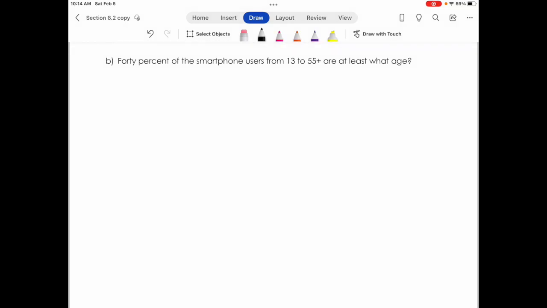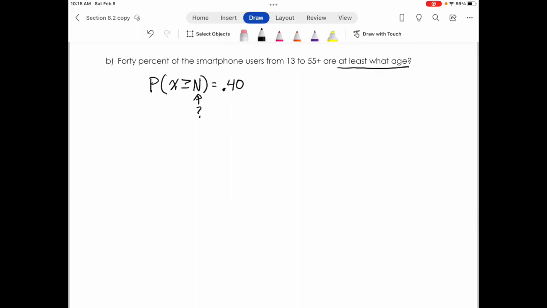In part B, it says 40% of the smartphone users from 13 to 55 are at least what age? So at least what age makes this a little bit tricky, because when we think about what at least means, that means the minimum. So we want it to be at that age or greater. So really what we're trying to find is the probability of X being greater than or equal to some number.